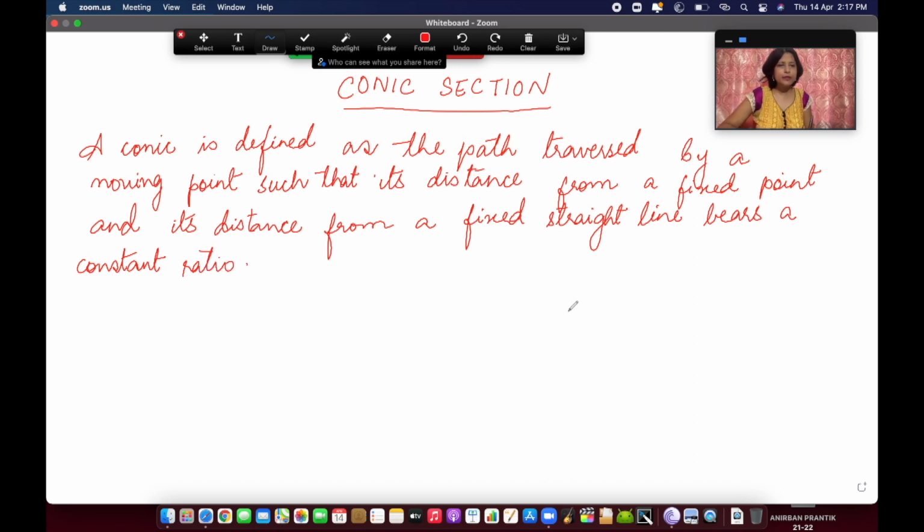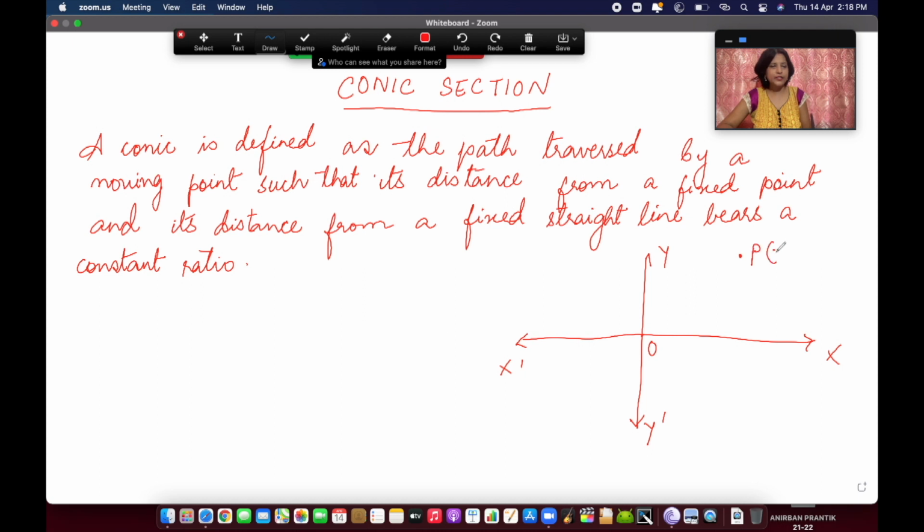So what do I mean by this? Now in a two-dimensional plane where we have the x-axis and the y-axis intersecting at the point O, I have a point P with coordinates x, y, which is moving.